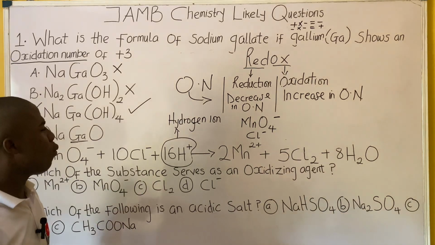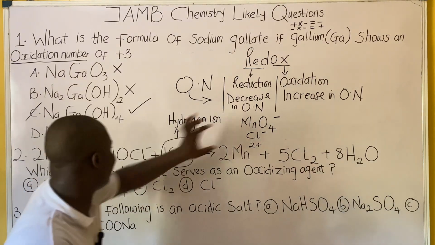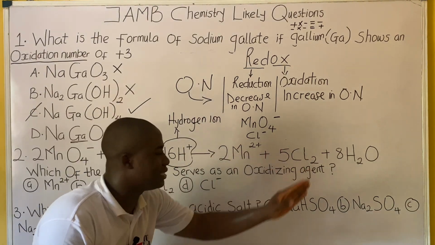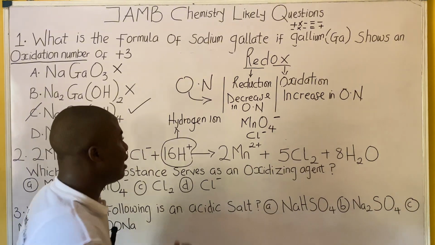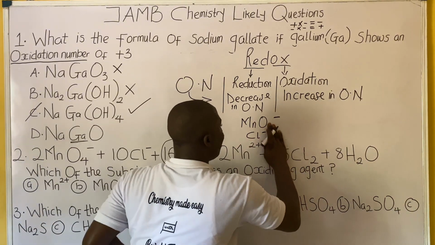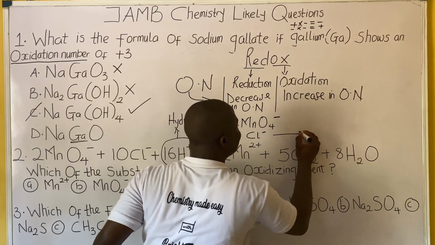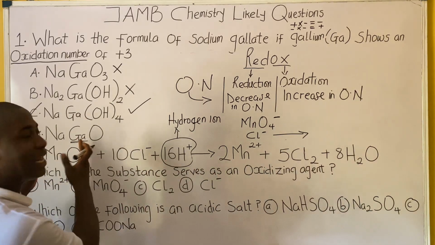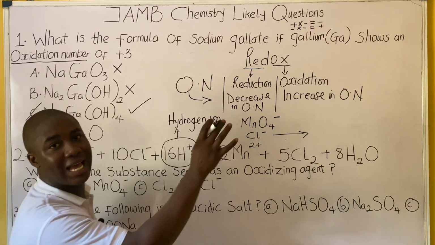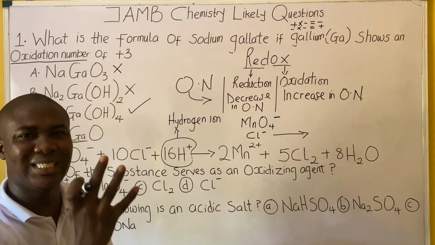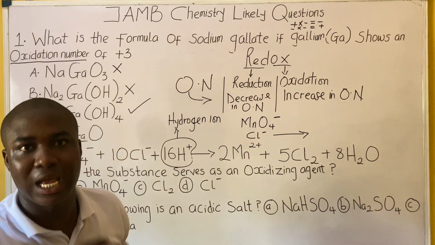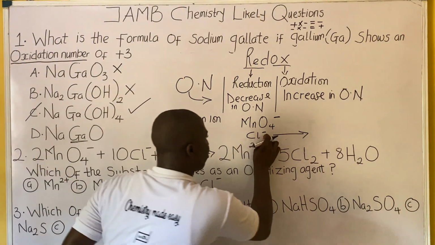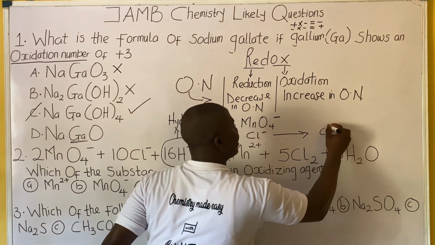Yes. So now relating these two guys with these other guys. Now you can see that chlorine should actually have business with this other guy. You look for if an element is found here, try to look for the product side, the same element or something that element is in, and bring it out and relate them together. So you can see that chlorine Cl minus should be relating with this other guy.